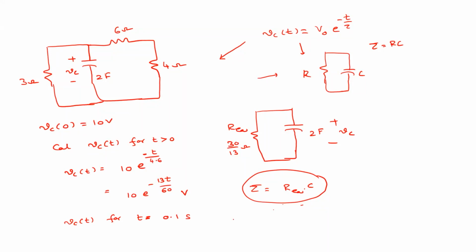At t equal to 0.1, it is equal to 10 into e to the power of minus 13 into 0.1 by 60. Solve this one, so that gives you the appropriate value. Understood? So that is how we need to find the response of a simple RC circuit.